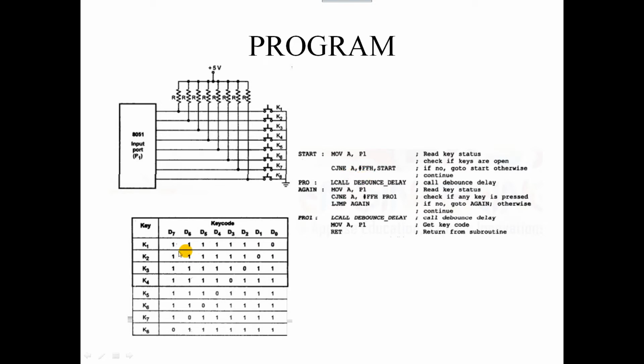This data is equivalent to all ones in this particular table. So that is the benchmark data. The other data are for the particular key pressed.